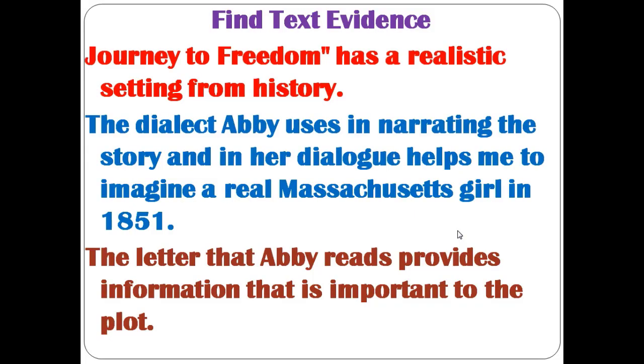Find text evidence. Journey to Freedom has a realistic setting from the history. So the setting means where it happened and occurred. It happened in America, and the setting of the story is true. The dialect Abby uses in narrating the story and in her dialogue helps me to imagine a real Massachusetts girl in 1851.